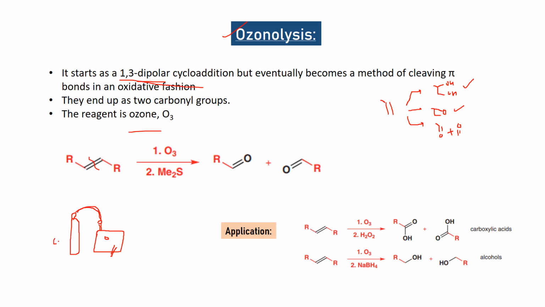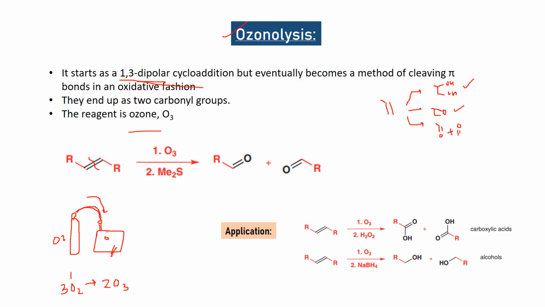This is the oxygen cylinder. What will happen? This oxygen will go into this machine, the ozonizer. It will combine 3 O2 to give 2 O3, 2 molecules of ozone.